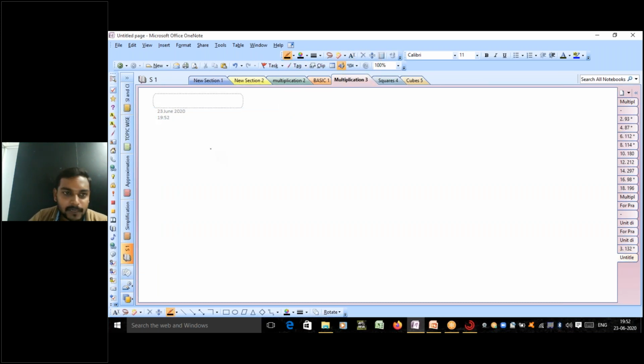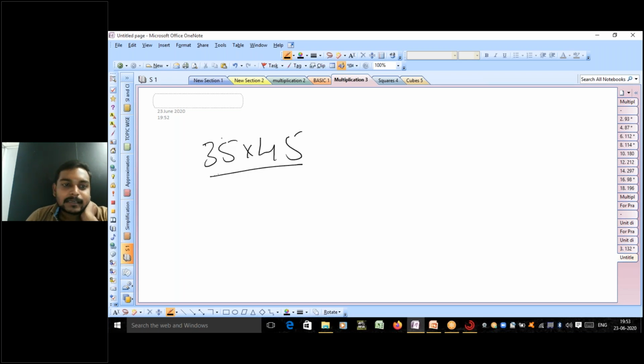Okay. For example, if you have 35 multiply with 45. Just observe the number. Here difference between two numbers is 10 and we have unit place number as 5. In this situation, always answer will end with 75. Just go with the 10th place numbers and take the greater number, that is 4.